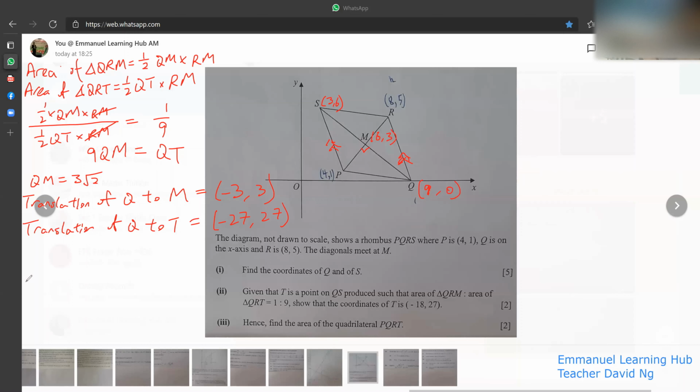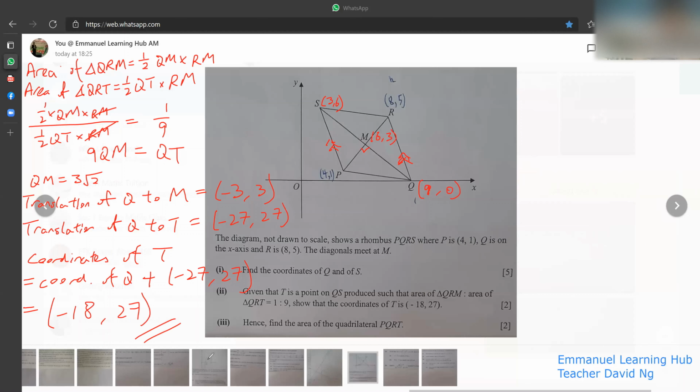So coordinates of T is coordinates of Q plus this translation. Try Q plus that translation, and you have -18, 27. Can you understand part 2?